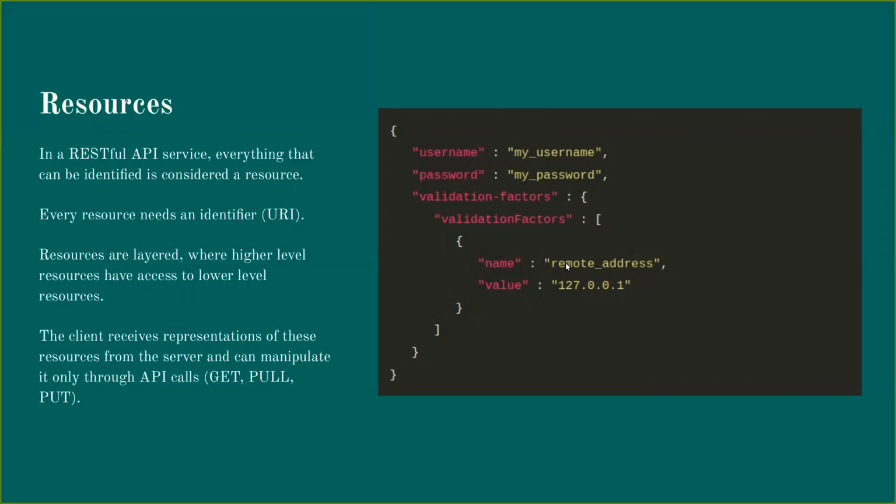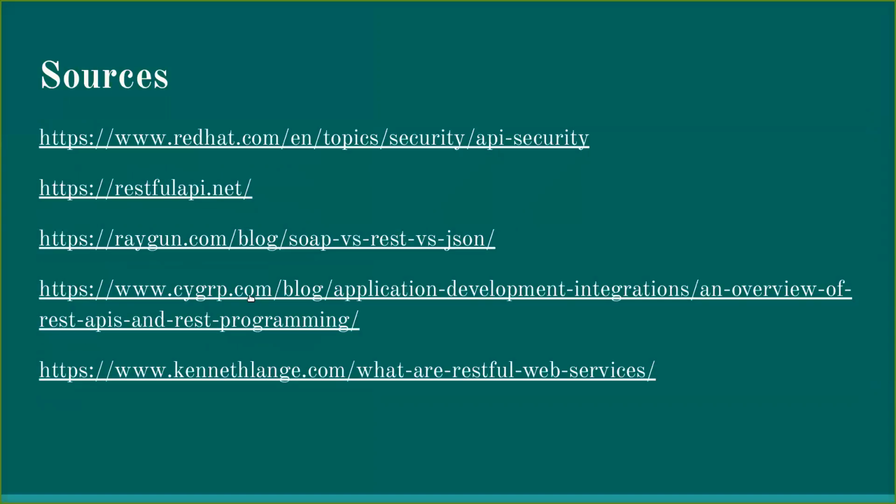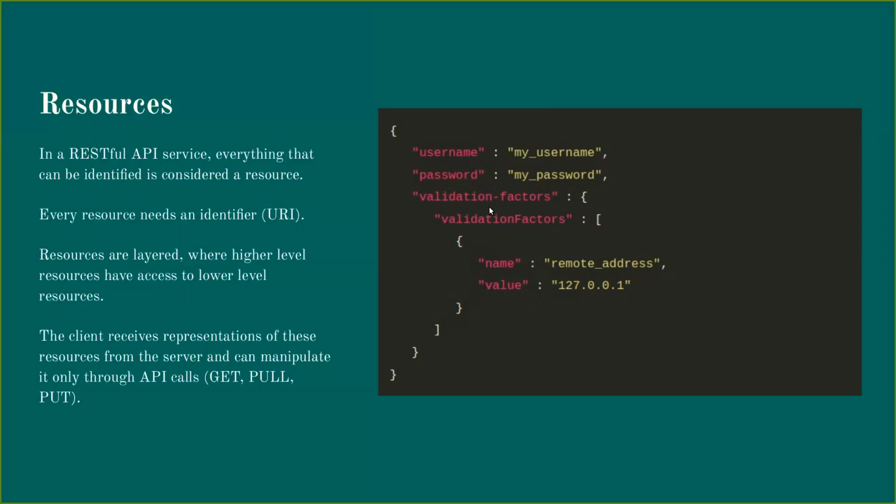And then within the validation factors resource, there's a thing called name and value. The name and value are basically just giving the IP address of a certain user. But to access the name and value, you have to have access to validation factors. And so the resources are layered.